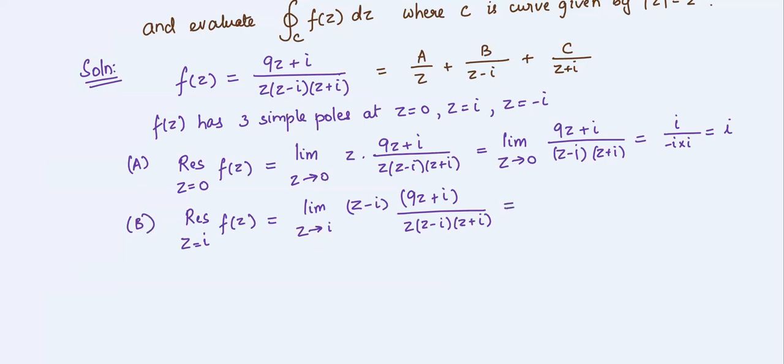I will directly write it, not one more term. Now, straight away apply the limit. You will get (9i plus i) by i into (i plus i). So we get 10i by 2i square. I square is minus 1. So minus 5i.